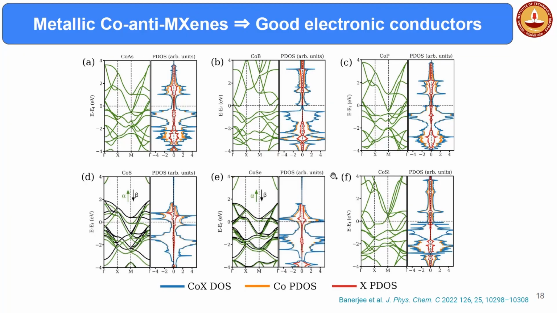Here on the right hand side, you can see the Co PDOS is shown in the red color, the CoX DOS is shown in the blue color, and only the X atom, where X corresponds to arsenic or sulfur or something, is given in the red color. Let us consider any one of them, the center one. Here the orange color and the blue color are merging with each other all over the place.